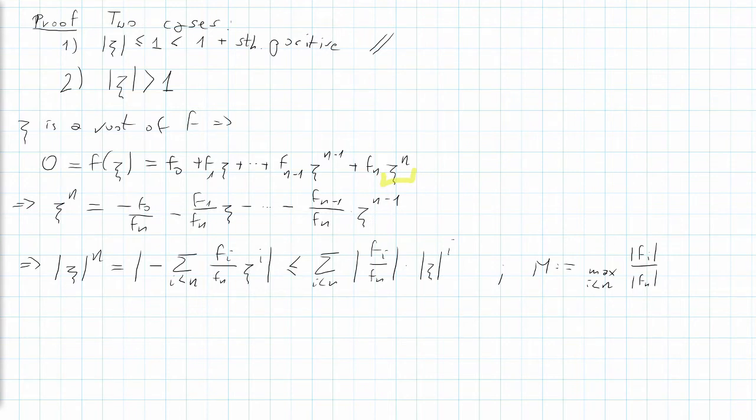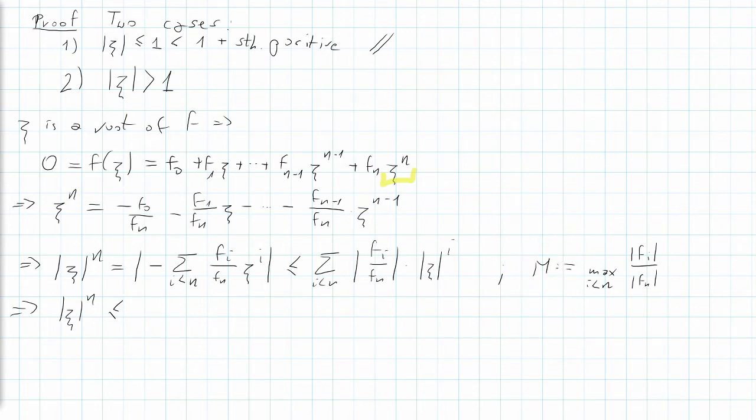So with this notation, I can write that the nth power of the absolute value of psi is bounded from above by, and now every term here can be bounded from above by m.